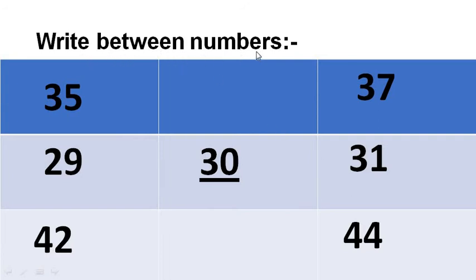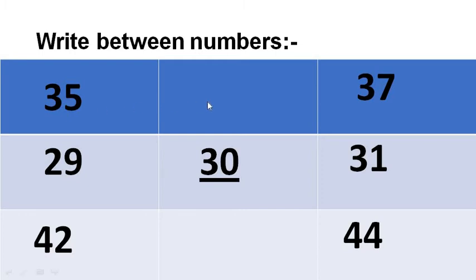Right, between numbers. As I have told you, whenever we are going to count between numbers, what should we do? First of all, we should find the after number of this number and the before number of this number. Then we will get the between number. After 35, which number will come? 31, 32, 33, 34, 35.